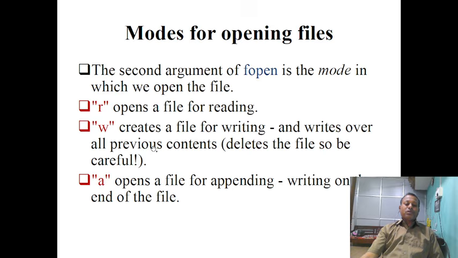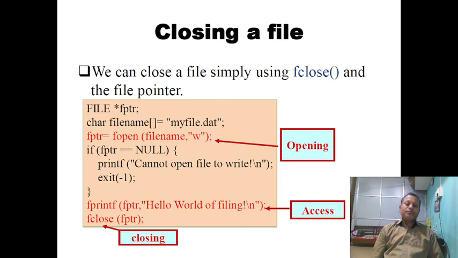A opens a file for appending, which means it writes at the end of the file, starting to append from the end. These three, read, write, and append, are the very basic modes of operation in the fopen function.